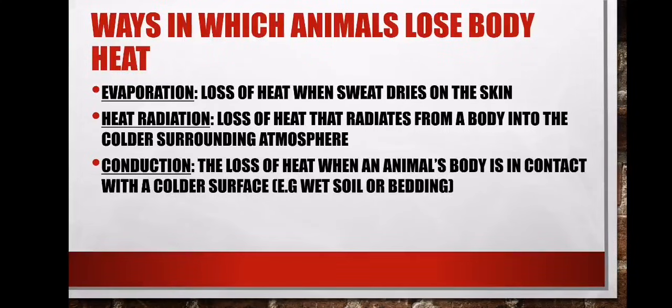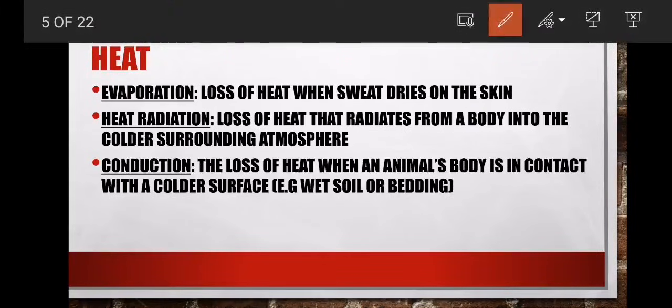I like this one. Conduction is the loss of heat when an animal's body is in contact with a colder surface. The colder surface could be wet soil or just bedding. Take note of this part. The animal is in contact with a colder surface.